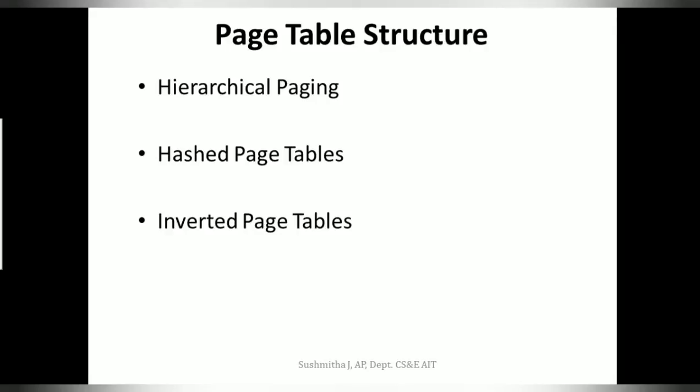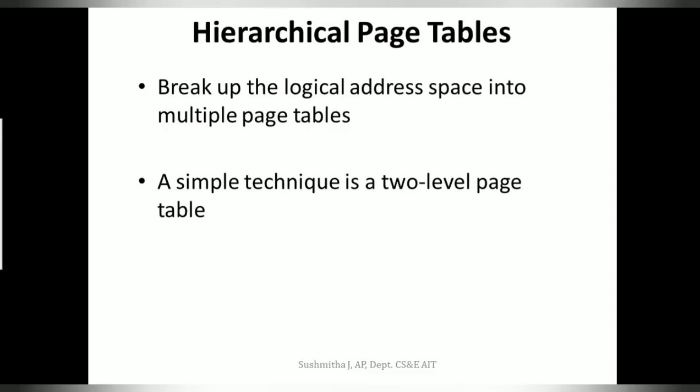The next thing that we are addressing is the page table structure, which defines how we could be managing and maintaining the page table in the system. There are 3 methods to do the same, that is hierarchical paging, hashed page table and inverted page table. We will look into each one of them in detail. The first one we have is your hierarchical page table.